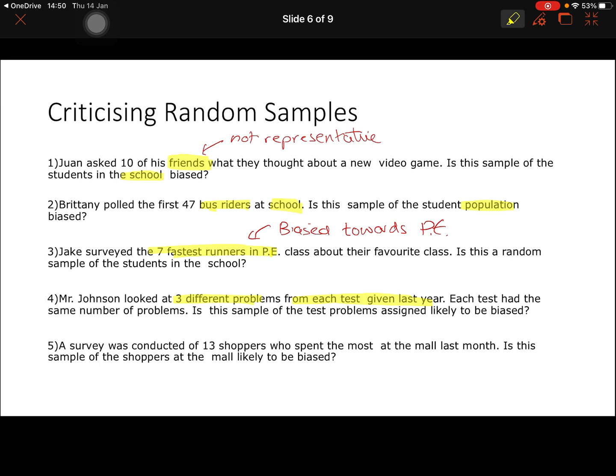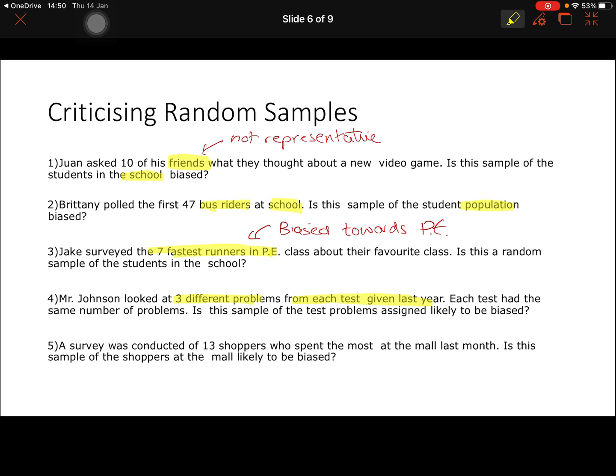The last one, a survey was conducted of 13 shoppers who spent the most at the mall last month.